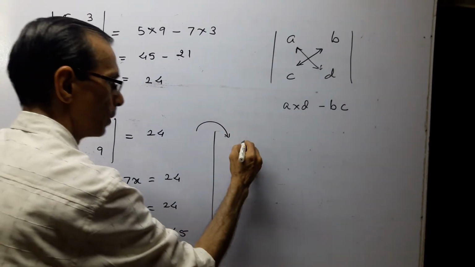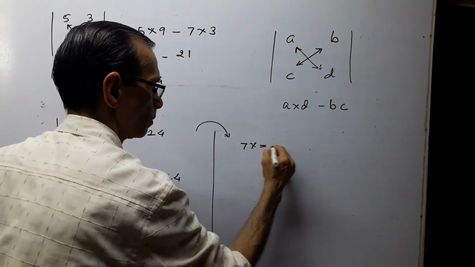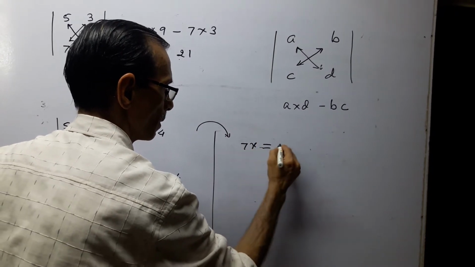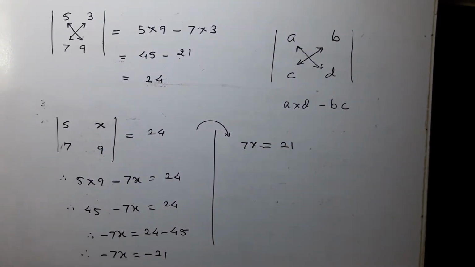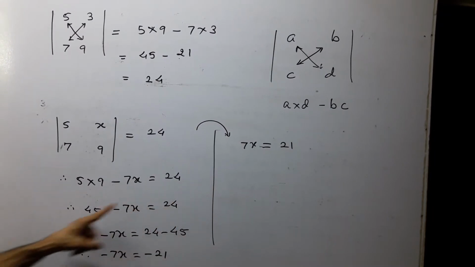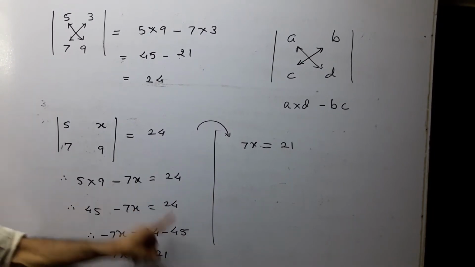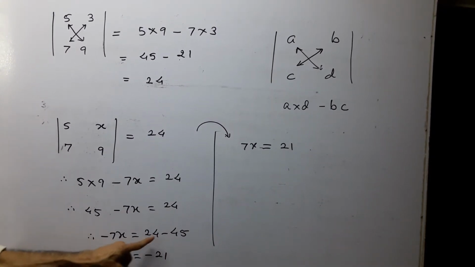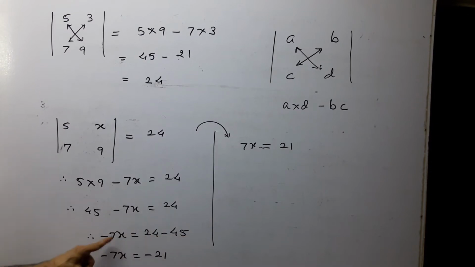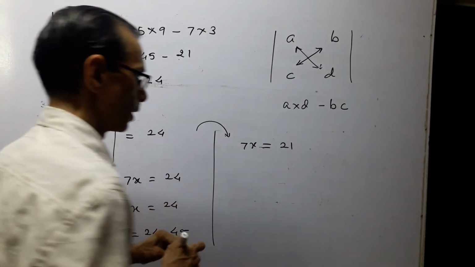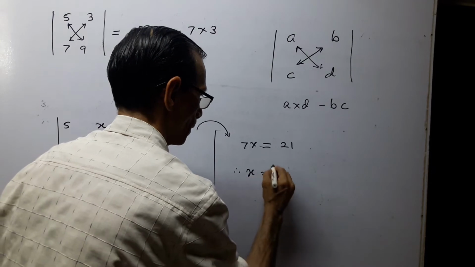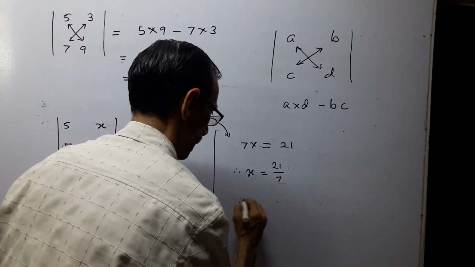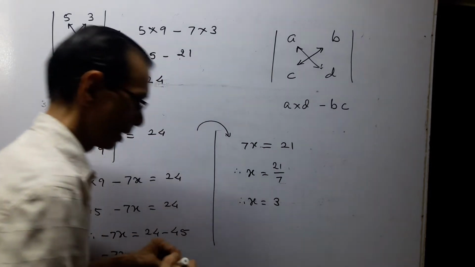See once again, 45 will go that side, so plus 45 will become minus, and therefore minus 7x is equal to 24 minus 45, and therefore minus 7x is equal to minus 21. After changing sign both sides, we get 7x is equal to 21. Therefore x equals 21 upon 7, and therefore x equals 3. So again you get x equal to 3.